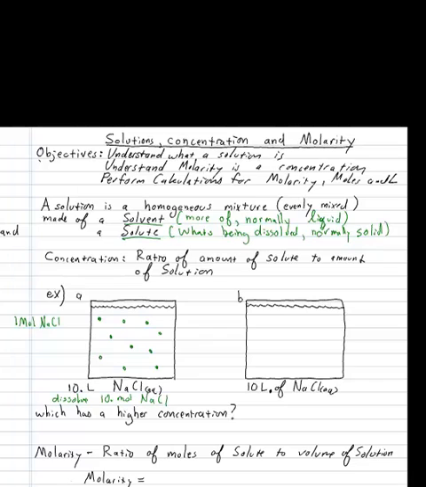In example A, I am going to dissolve 10 moles of NaCl. And in B over here, I dissolve 1 mole of NaCl. The one that would have a higher concentration is A. So we say A is more concentrated than B.